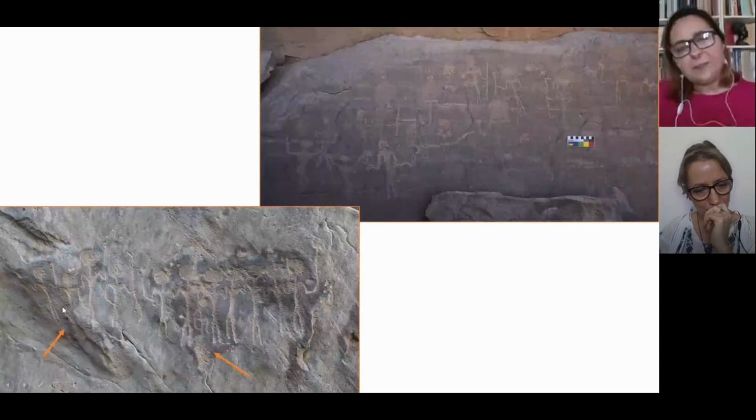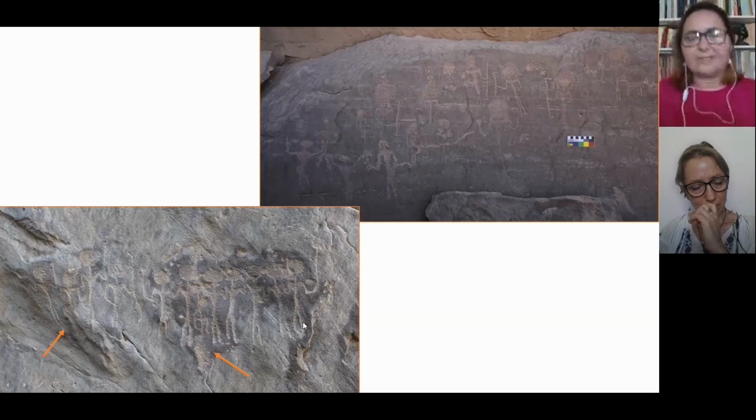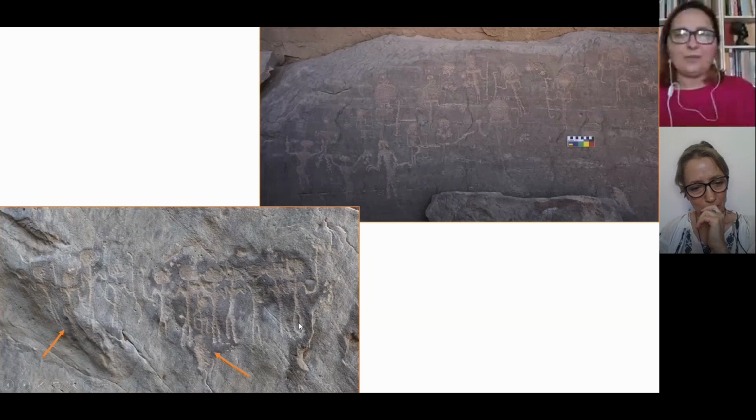If you look at this representation, we have this line of people, clearly male, all of them with some kind of sticks, not all of them, but some of them.